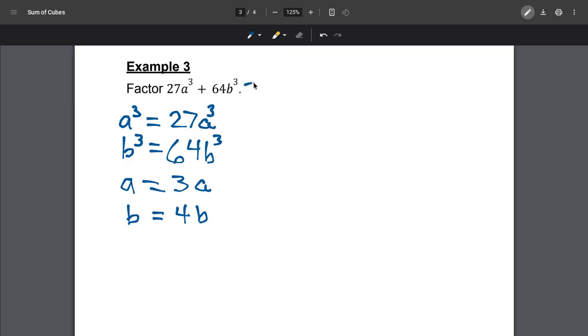All right, so we're going to start off with 3a plus 4b. Trying to write neat here. And then we're going to start this one with a squared, so 9a squared.